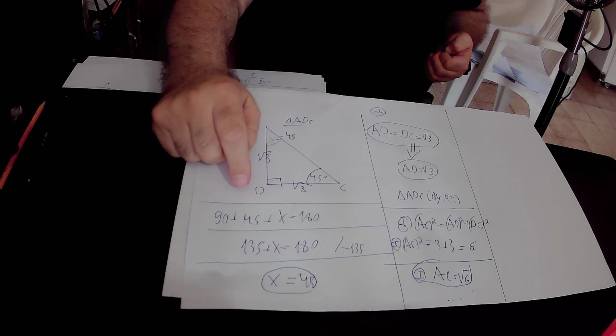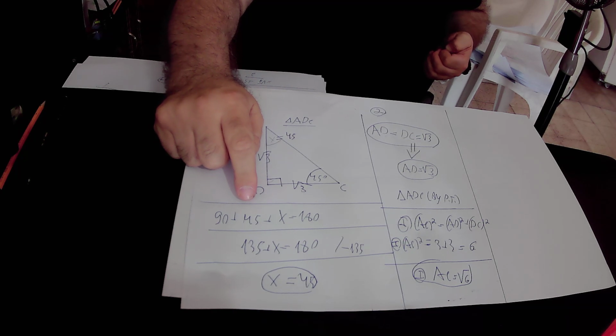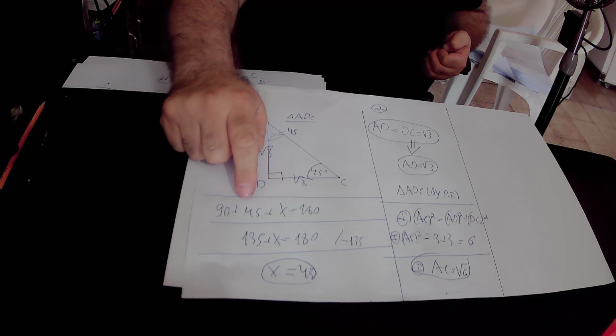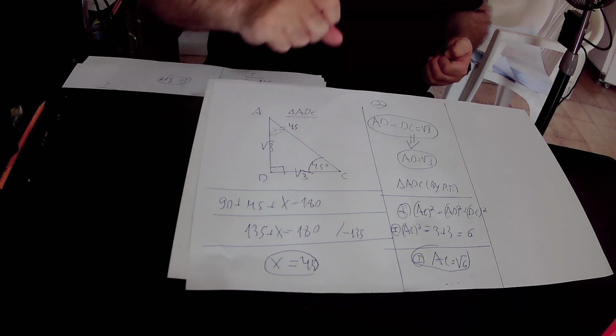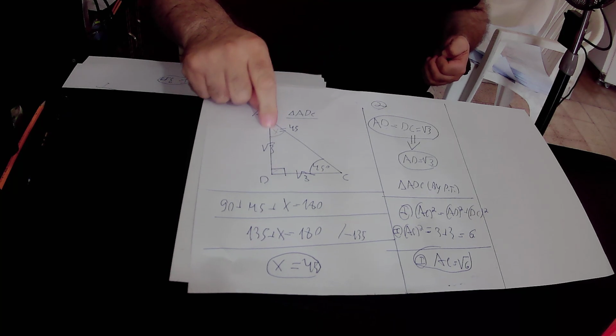We subtract 135 degrees and find that the missing angle X equals 180 degrees minus 135 degrees, which is 45 degrees. So this angle equals 45 degrees.